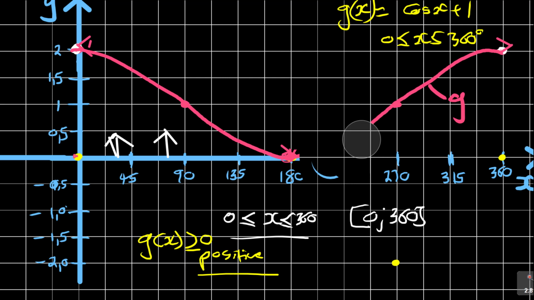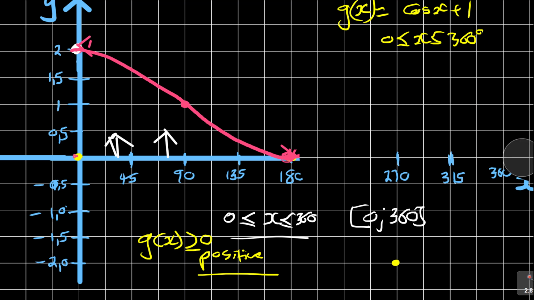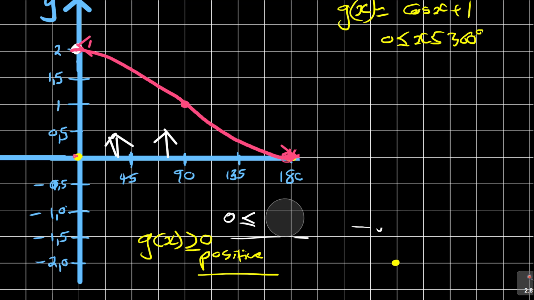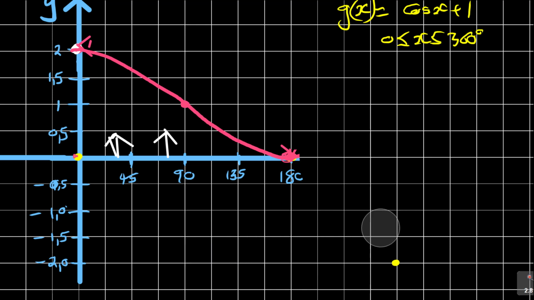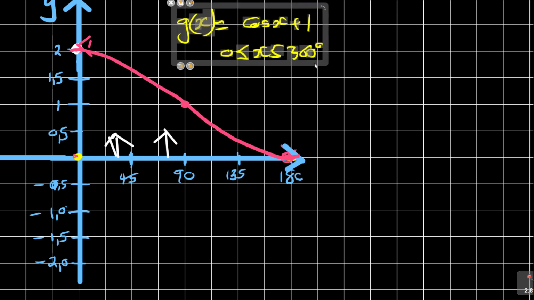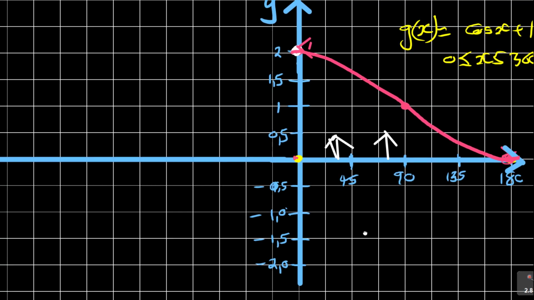So this is what I'm just having. I'm not supposed to have this, because it says I must start from what? 180. So what you do, you come here and you make an arrow like this. That's 180. See that? And then you bring your g of x closer home, and then you continue going backwards.